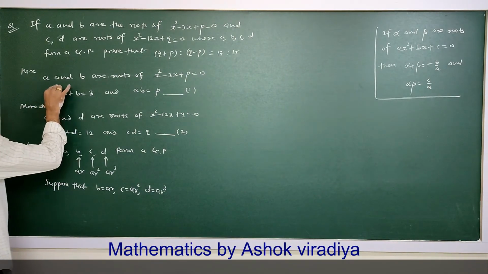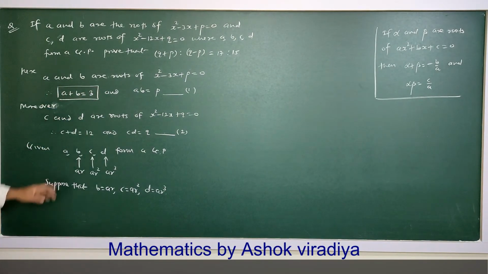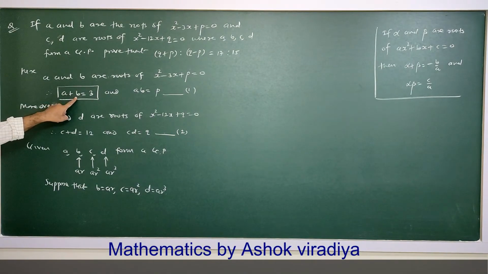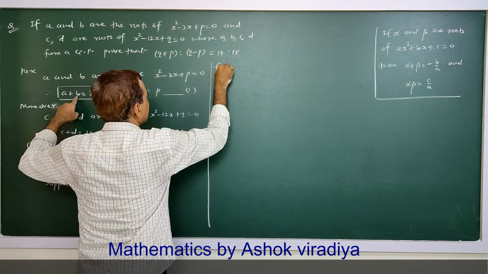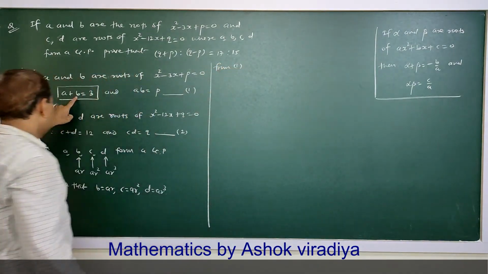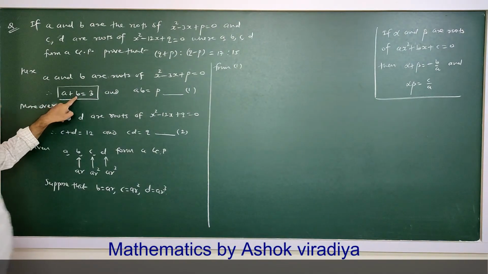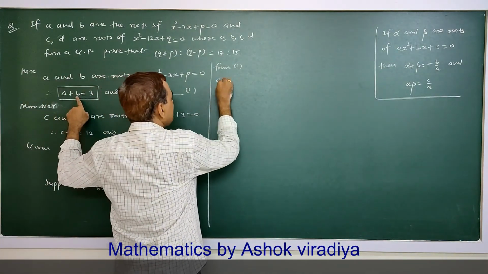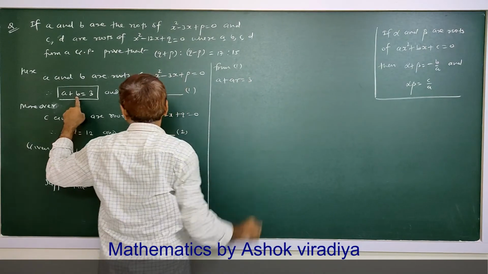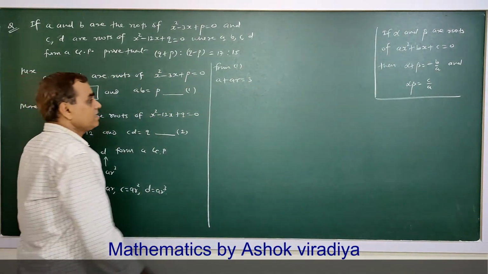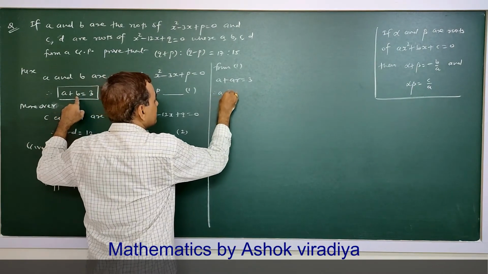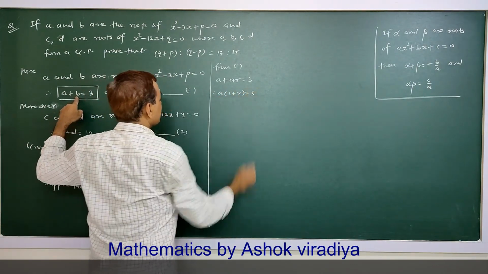Now in this equation, I am putting B equal to AR. So from 1, I am putting B is AR. So A plus AR is 3. Taking A common, A into (1 plus R) is 3.